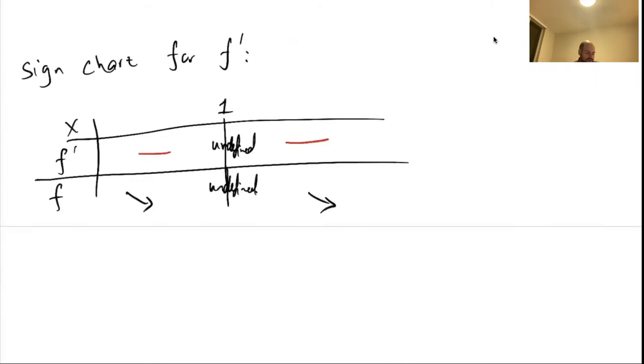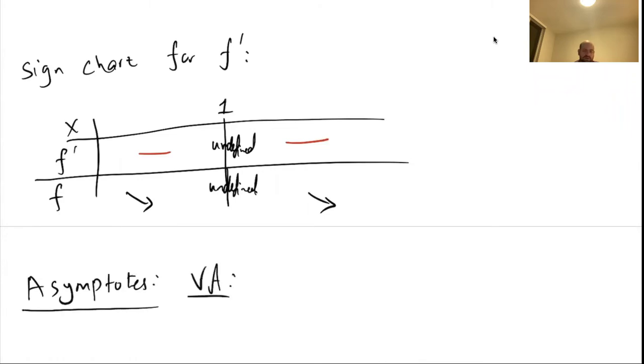Now, what about asymptotes? For vertical asymptotes, we have seen before that if there is a denominator for f, not for f prime. Forget about f prime for asymptotes. Just look at the original f.